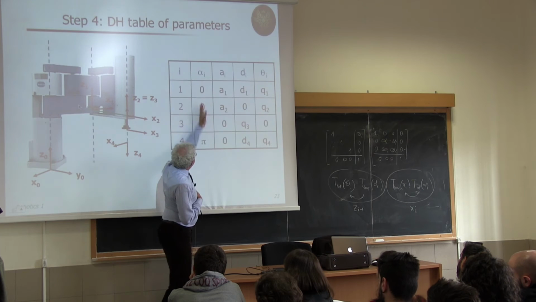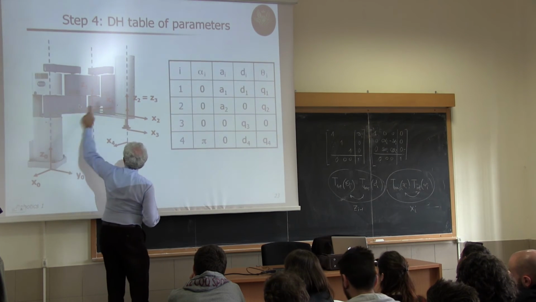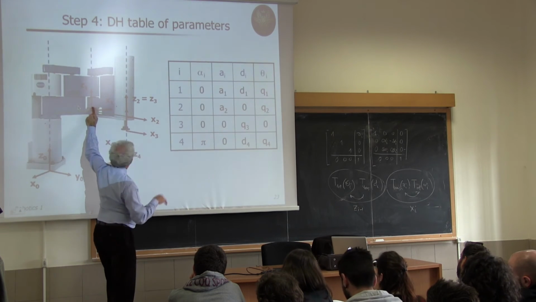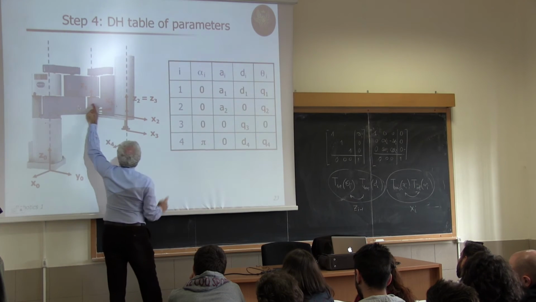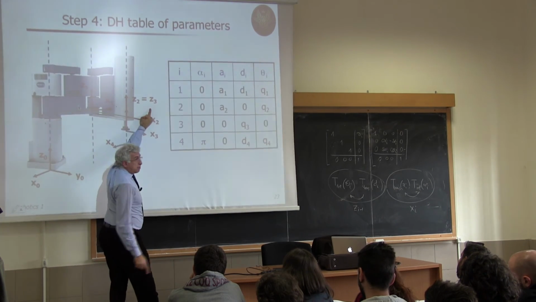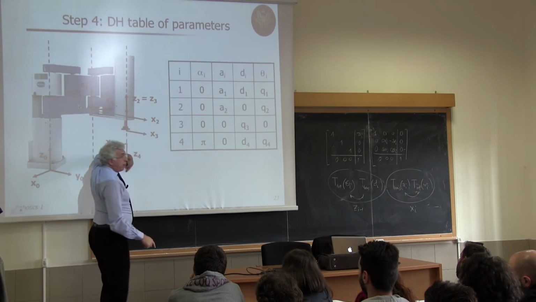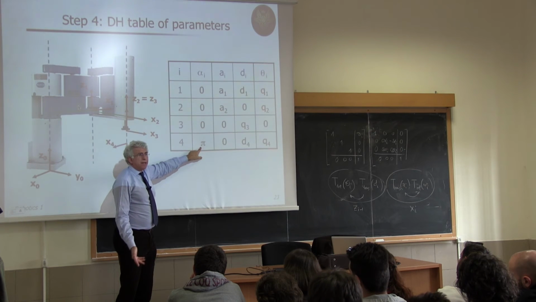But if I look at the alpha parameters, I recognize that they are all parallel, but z0 has the same orientation as z1, so this is a 0. z1 has the same orientation as z2, so this is a 0. z2 is the same as z3, a 0. z4 has flipped down, so this is a pi. Pay attention, plus or minus pi?